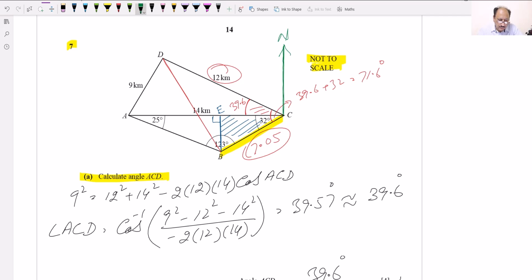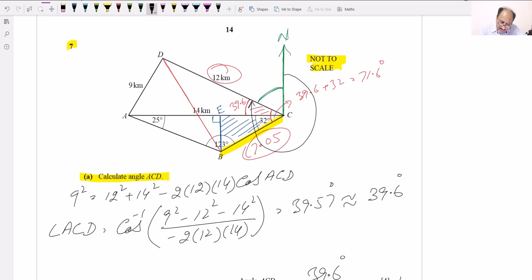So we can find the bearing of D from A. So we will check this angle. Basically, the required bearing is from this point to this point.